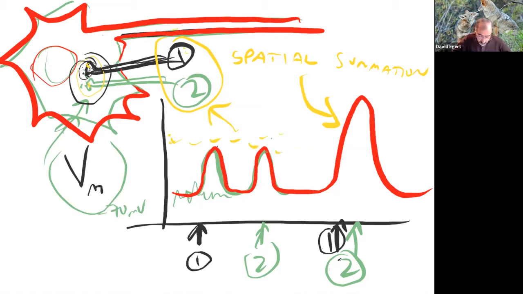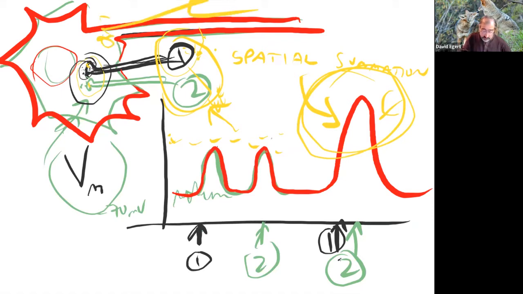But if 1 and 2 are happening at the same time, then we have information that there's this coincidence, some kind of synchrony going on, right? So this is a way in the neural circuitry to detect that there's activity from both of these at the same time, because the overall effect is going to be a larger depolarization, more likely to trigger an action potential in the target neuron.